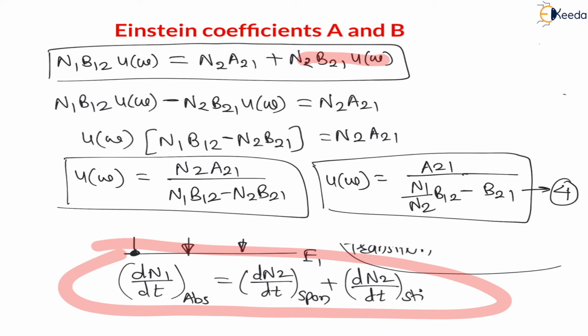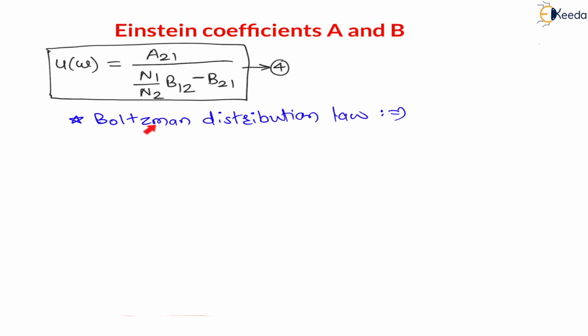After writing the fourth equation from the thermal equilibrium condition, we now have to use Boltzmann's distribution law. My dear students, from Boltzmann's distribution law, the population N is represented in terms of some parameter. This population N is nothing but N naught e to the power minus E divided by kT.